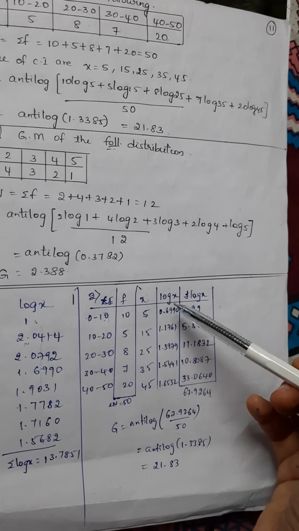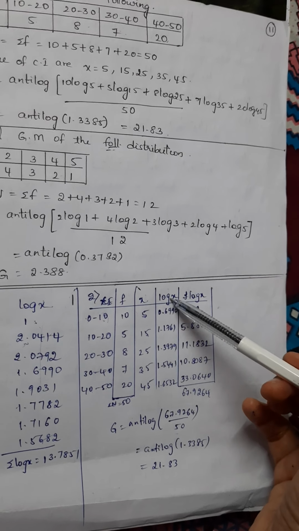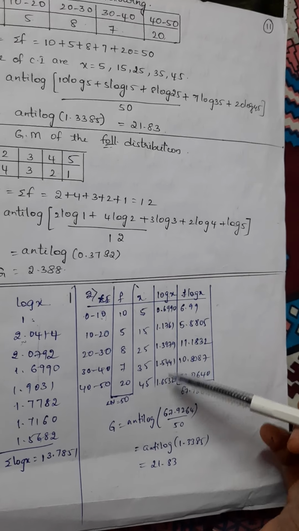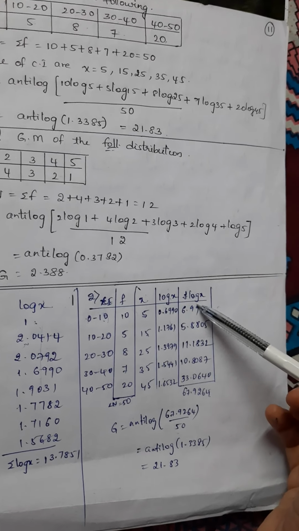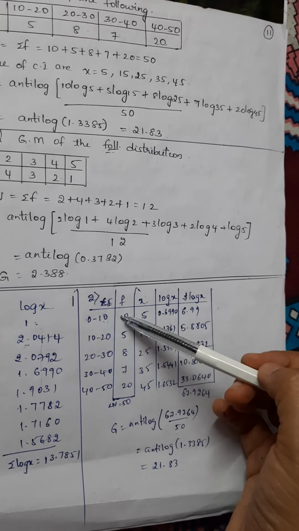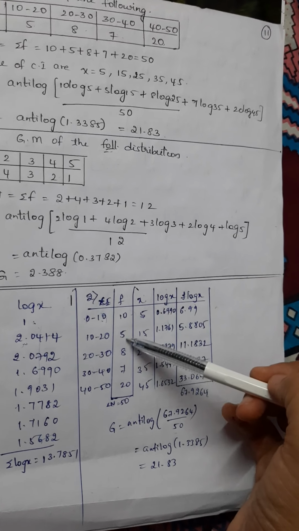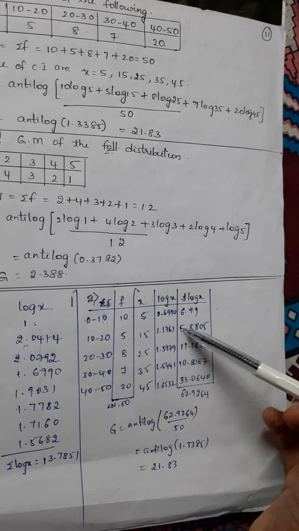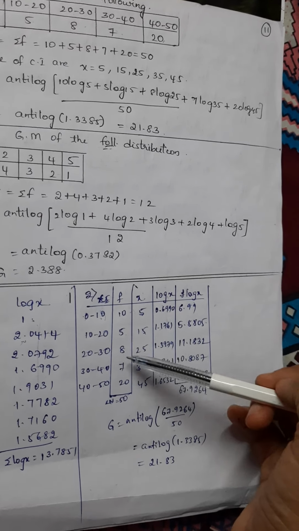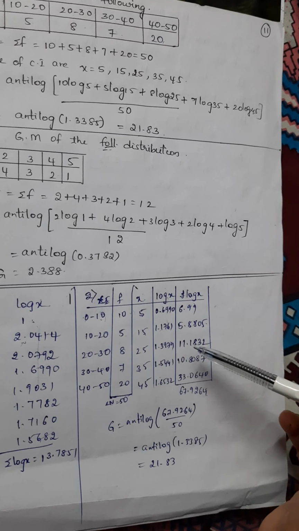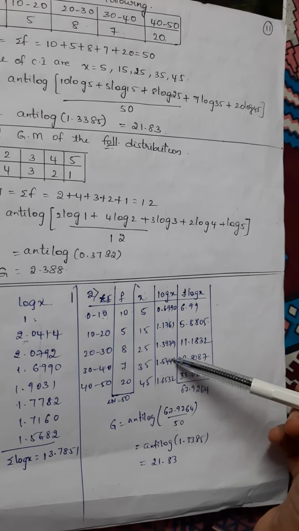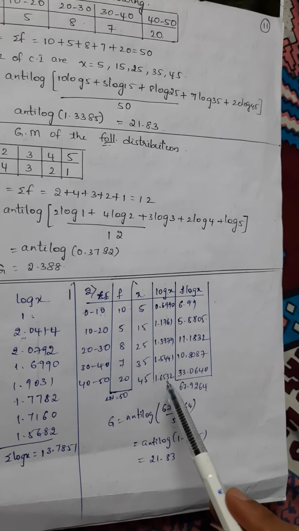Log x is this value. As I said in the previous problem, you need to calculate log x values like this in the calculator. Then f into log x. 10 into 0.6900, 5 into 1.761 is 5.8805. Similarly, 8 into 1.3979, 7 into 1.5441, 20 into 1.6532.